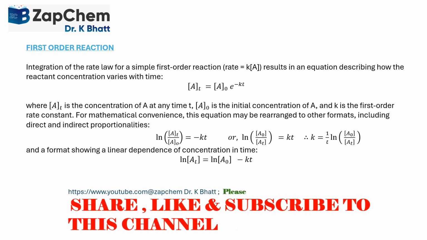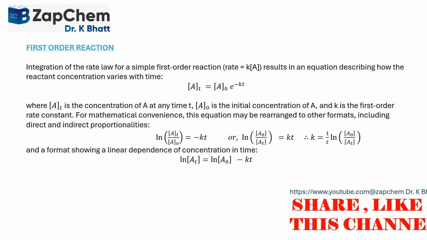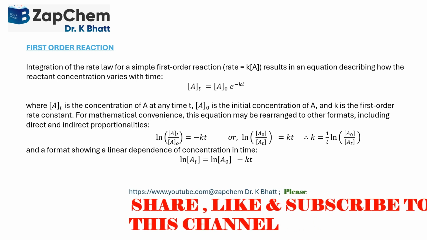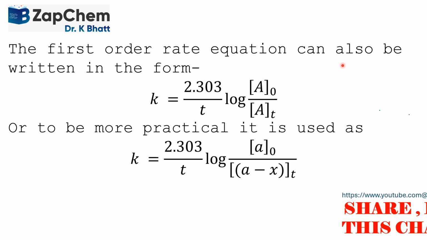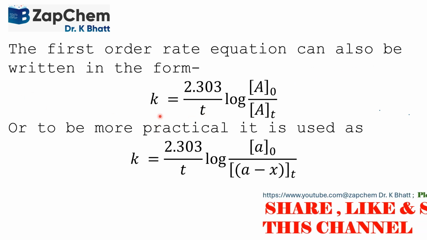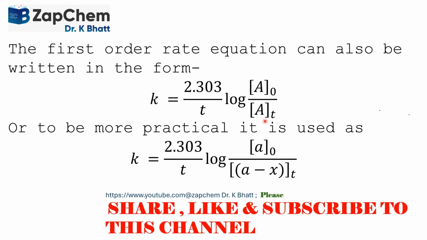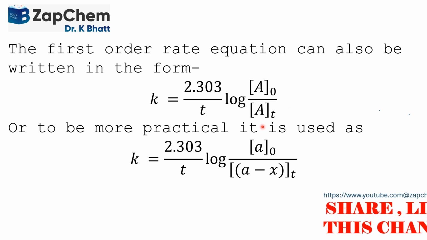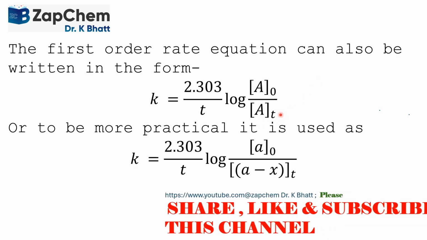Of course, I don't mean that the log to the base 10 is inaccurate. That is also mathematically correct, and accordingly, the first order rate equation can also be written as k is equal to 2.303 by t log A naught upon At. A naught means the initial concentration and At means the concentration at time t.